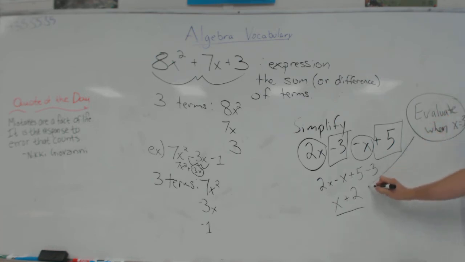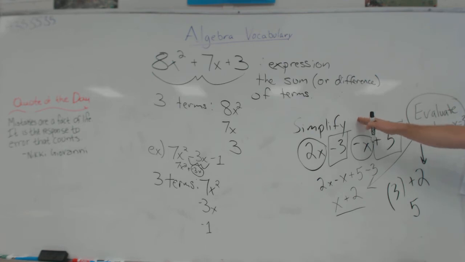So if we were to evaluate this when x equals 3, we just plug a 3 in for x. So we have 3 plus 2, that's just 5. So we can simplify expressions and we can evaluate expressions. We can't solve them.